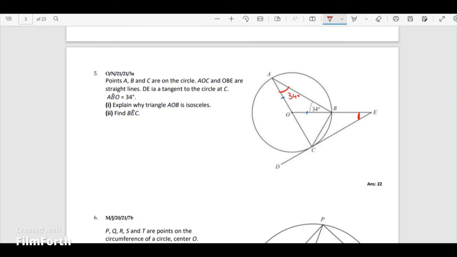And if that's the case, this angle at the center, that is angle AOB, would be equals to 180 degrees take away 34 degrees take away 34 degrees. Why? Because they are angles in a triangle. The answer that it would give me is 112 degrees. Now with this 112 degrees, I can find this angle as well.